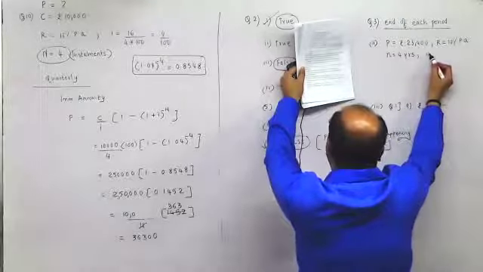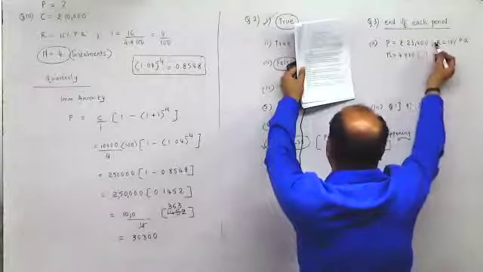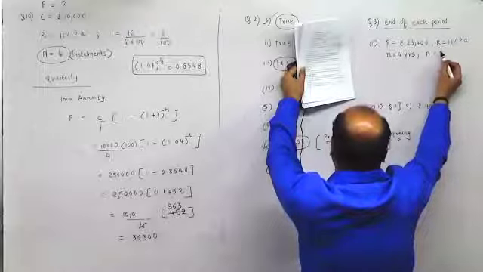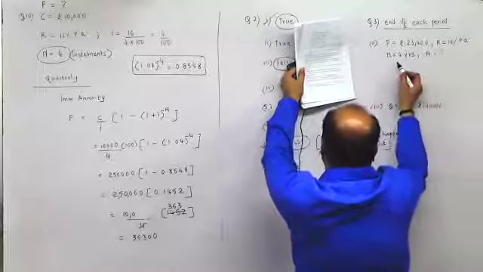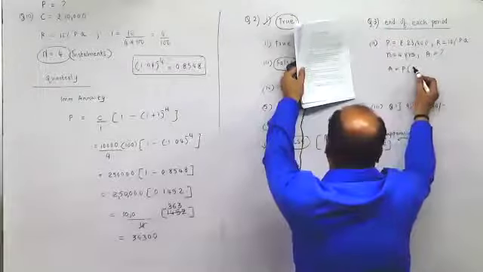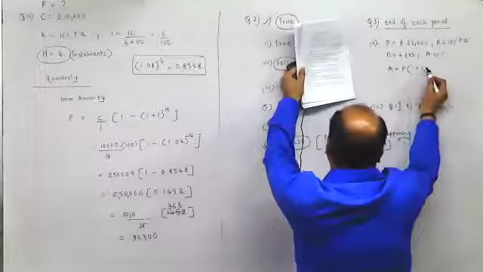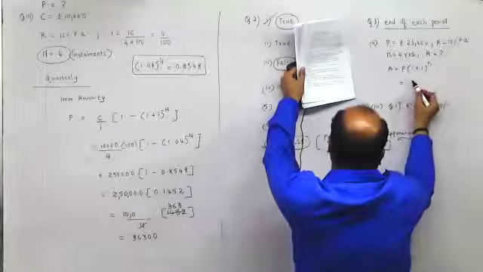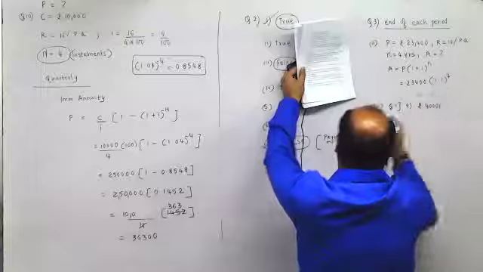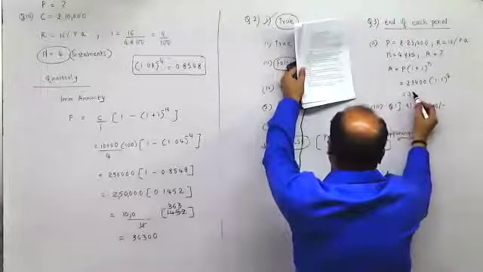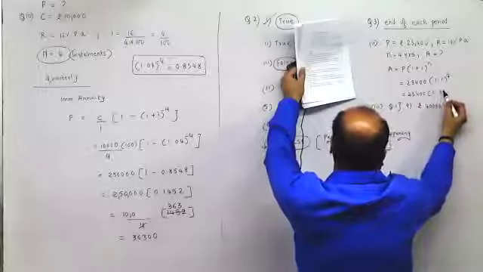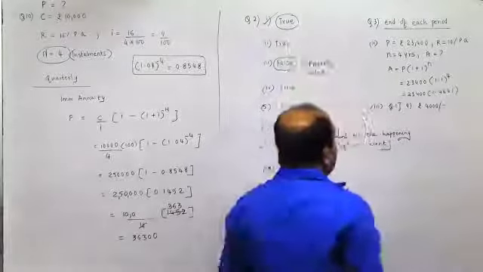Now, compounded annually, its accumulated value after 4 years is what? A would be P into (1 plus i) raised to n. So it would be 23,400 into 1.1 raised to 4. We had been given this value, 1.4641.